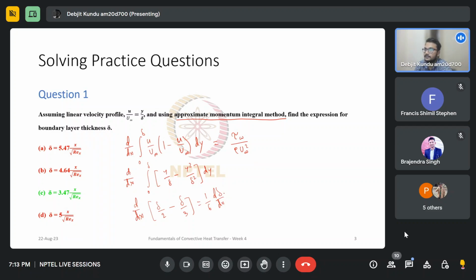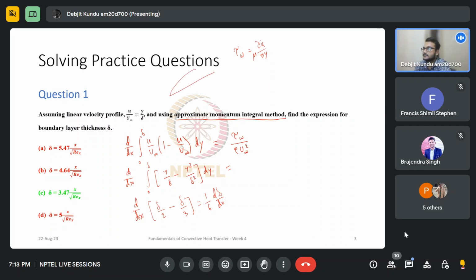The right hand side, tau w, can be written as mu into dou u dou y.